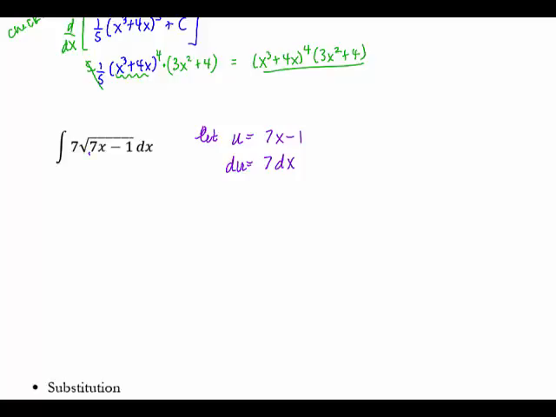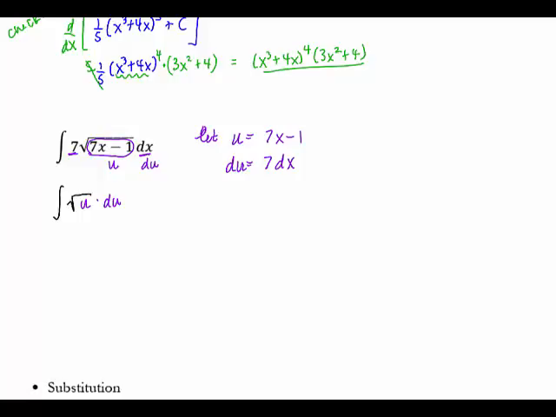So in our integrand, I have this stuff underneath the radical as u, and then 7 and dx together make du. Therefore, the integral reduces to the square root of u times du, or with respect to u. We've reduced the integrand. There are only u's there. Now we can find the antiderivative of this.